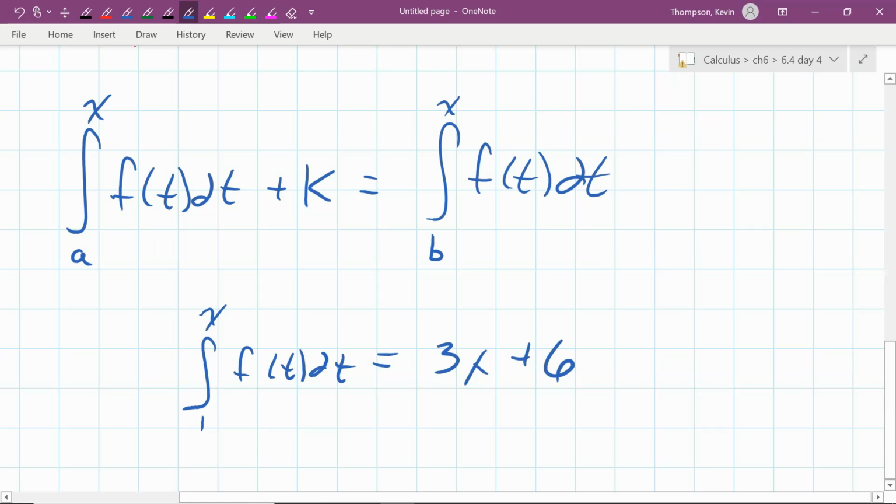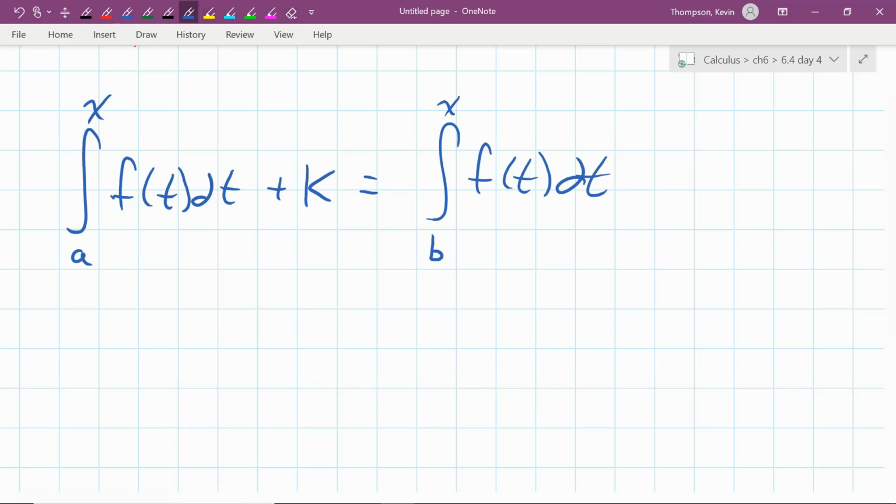So for the one that you're asking about, I would just say, okay, do we know A and B? I think we do. A is -1, B is 2, and I think we know the function.